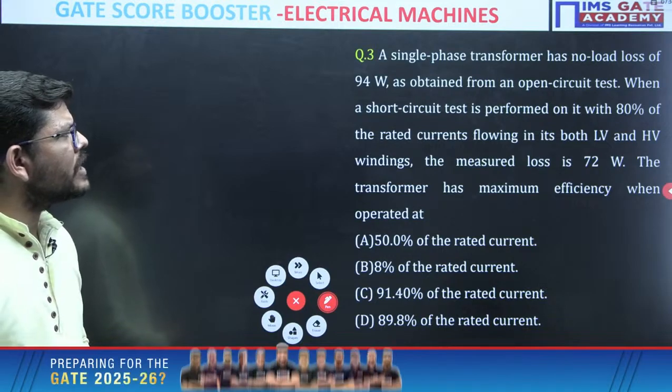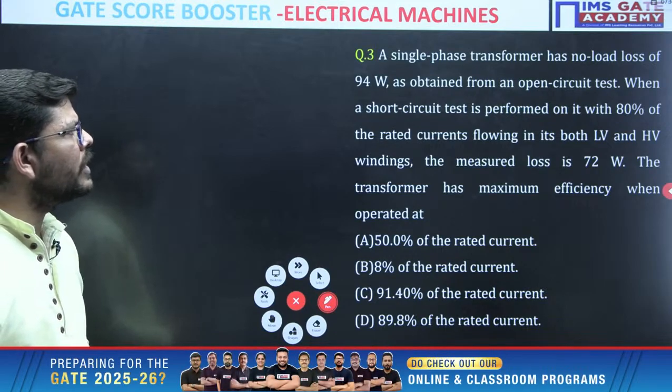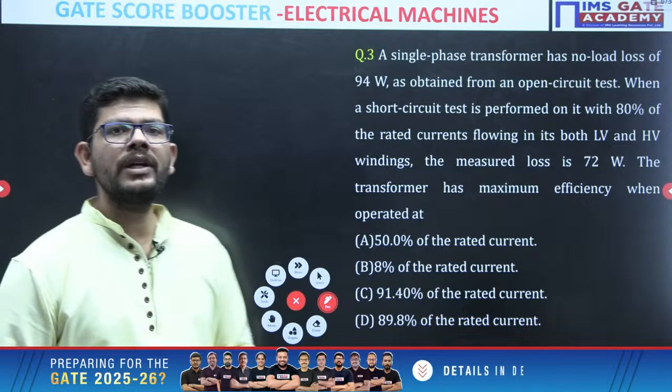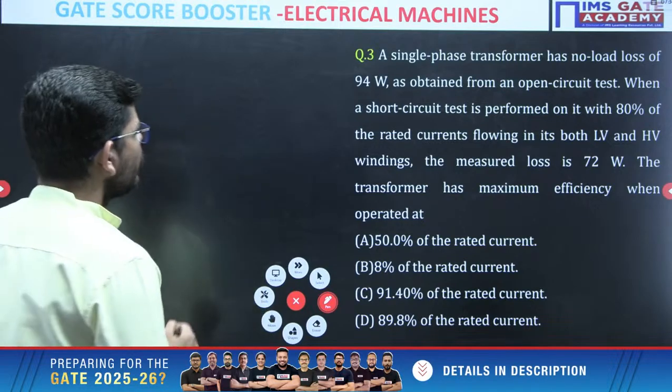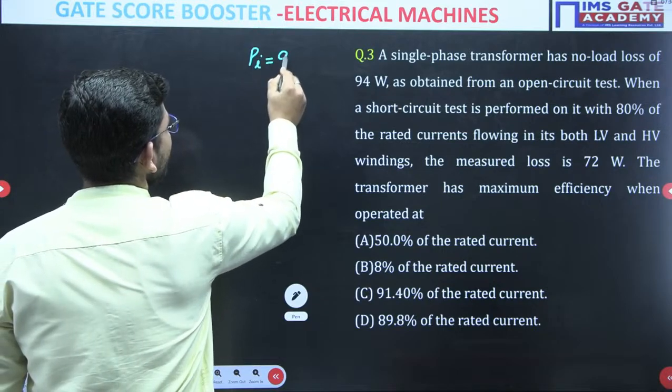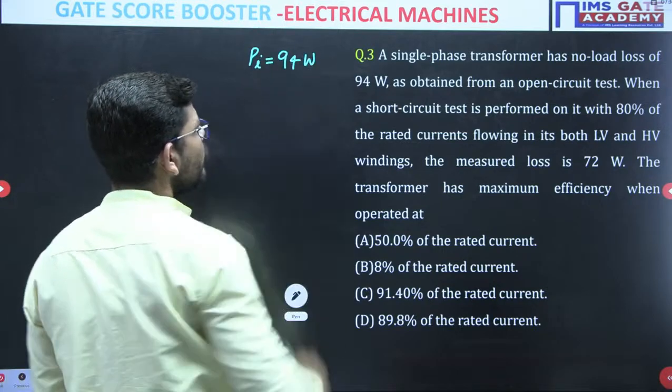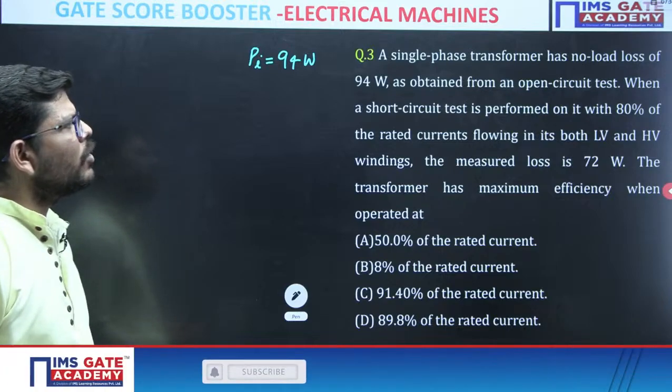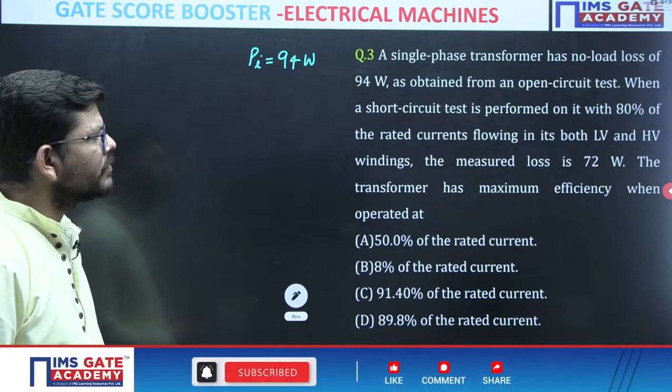A single phase transformer has no load losses of 94 watts. No load losses means the iron losses, and they are given as 94 watts as obtained from the open circuit test, right?